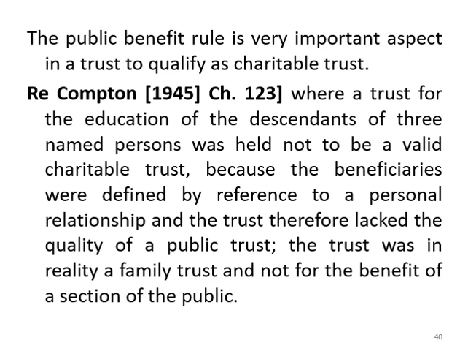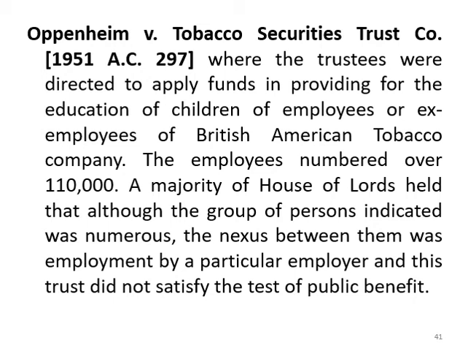Now we will go to the next slide and see this case: Oppenheim versus Tobacco Securities Trust Company, where the trustees were directed to apply funds in providing for the education of children of employees or ex-employees of British American Tobacco Company.